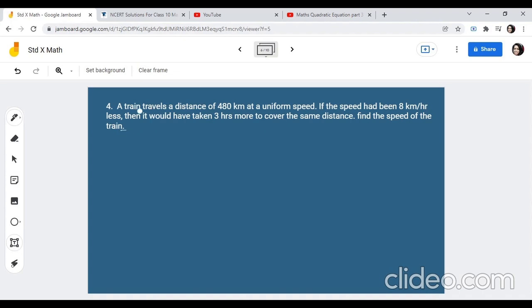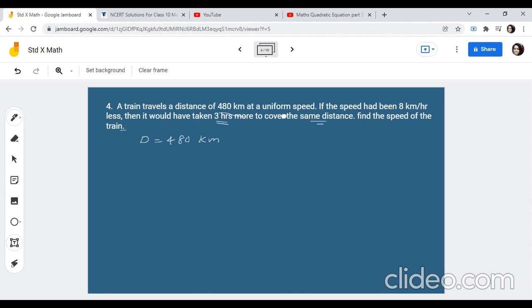Okay. A train travels a distance of 480 kilometers at a uniform speed. So, what is the distance to be covered? 480 kilometers. So, distance is equal to 480 kilometers. If the speed had been 8 kilometers per hour less, then it would have taken 3 hours more to cover the same distance.